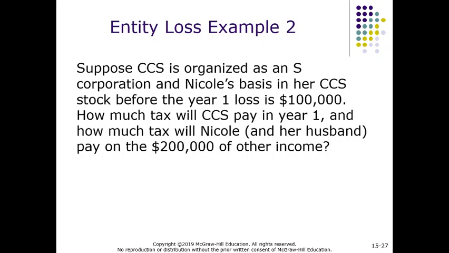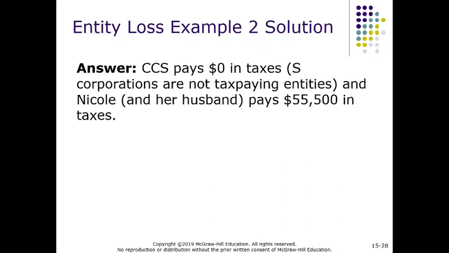Well, CCS is not going to pay anything, and since now the S Corp is a flow-through entity, the loss of $50,000 flows through to Nicole and her husband, and they can offset that $200,000 with the $50,000 NOL.